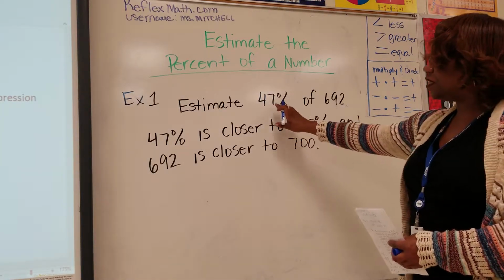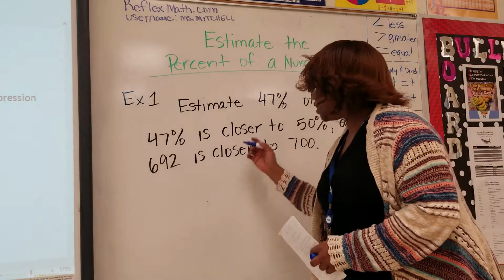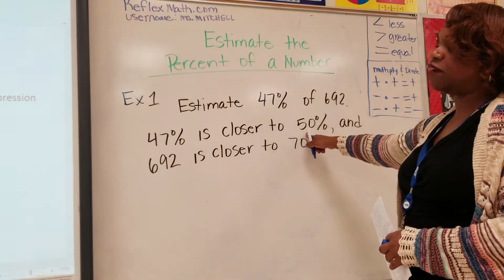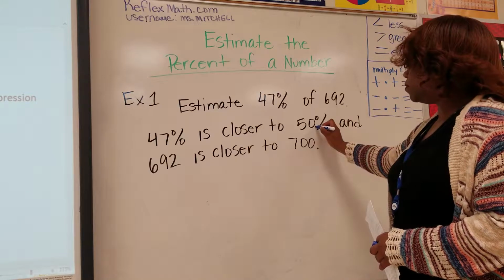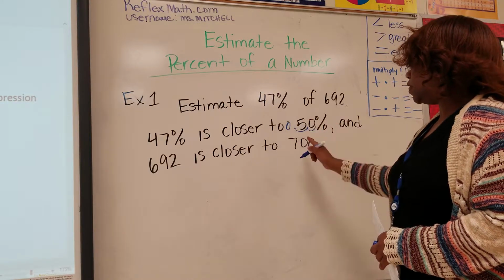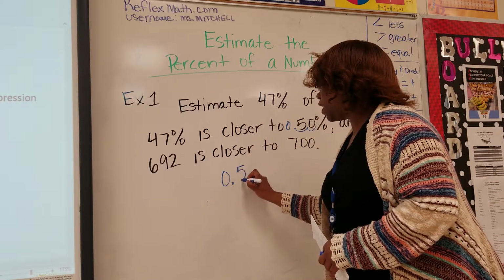And we're going to turn this into a decimal, okay? So 47%, or 50%, because we have estimated it to 50%. We're going to take this decimal here, move it 2 spaces, and that's how we get our decimal 0.50.